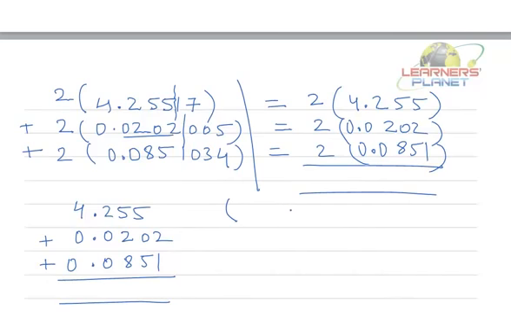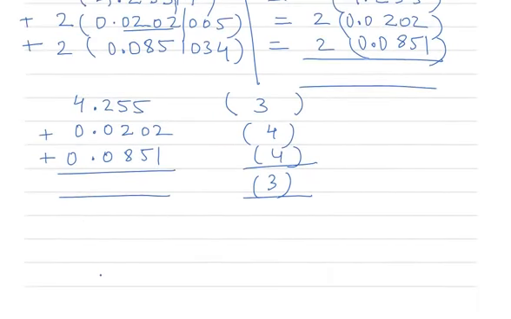Now in case of addition, we have to take the number of significant digits that are there after the decimal place. So here we have got 3, here we have got 4, and here also we have got 4. So the result cannot have more than 3 digits after the decimal place.